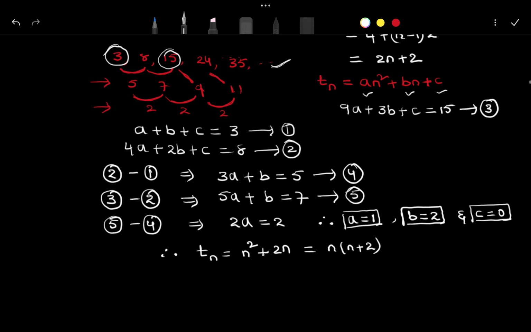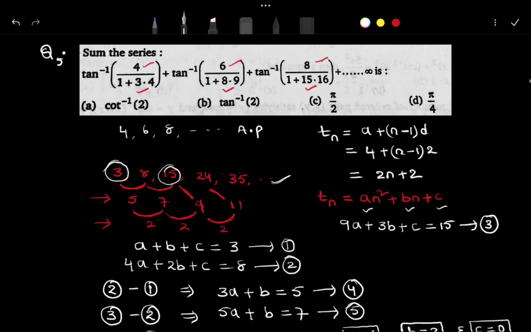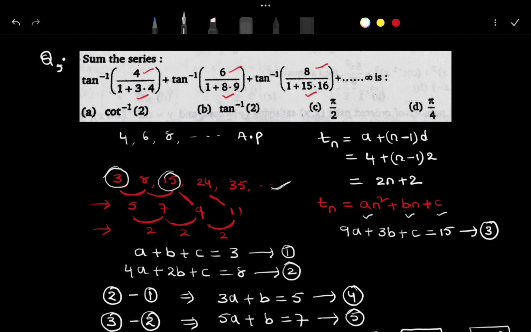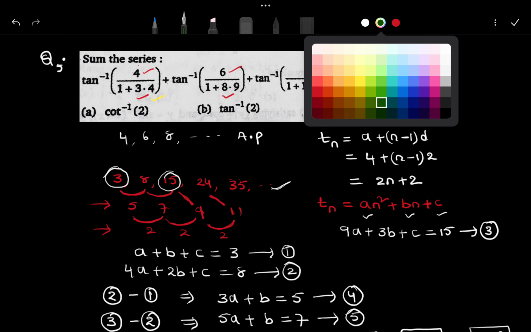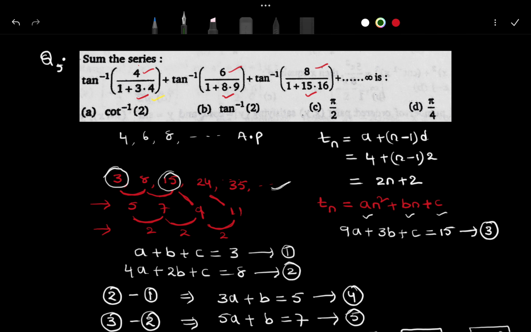Similarly, by observing the next factors, you have 4, 9 and 16, like this.